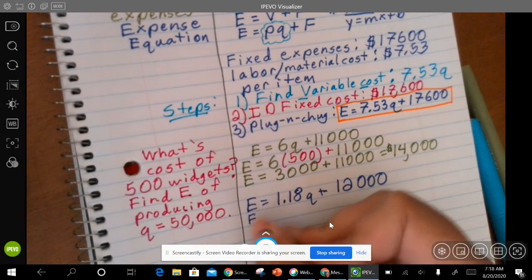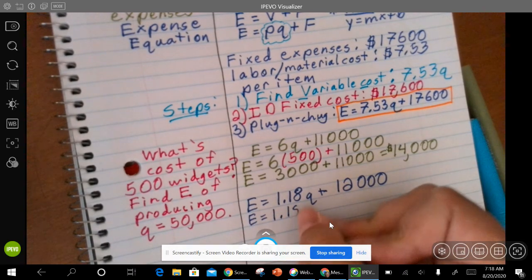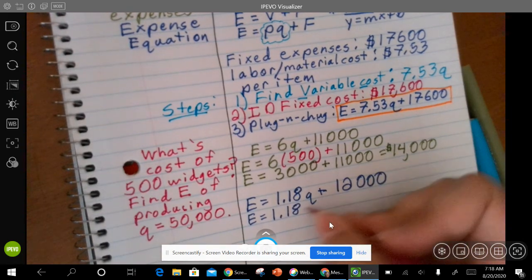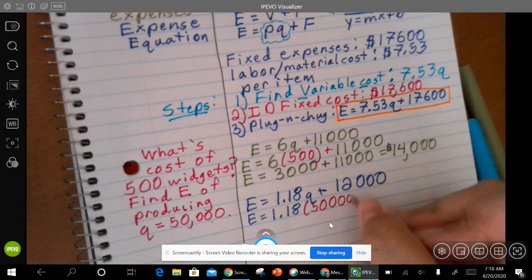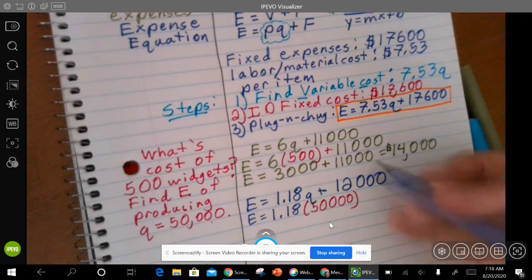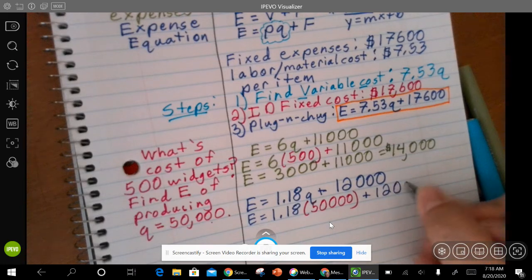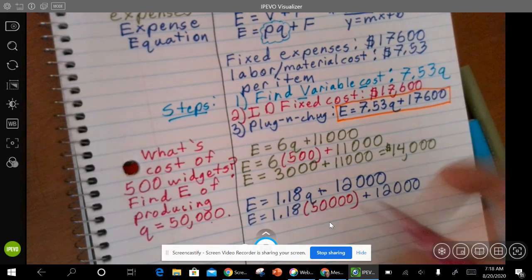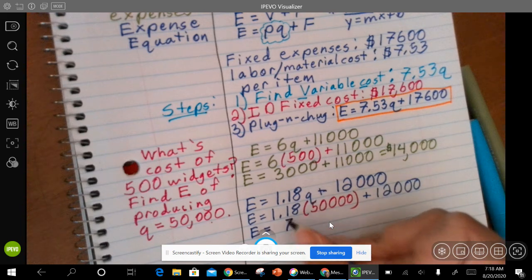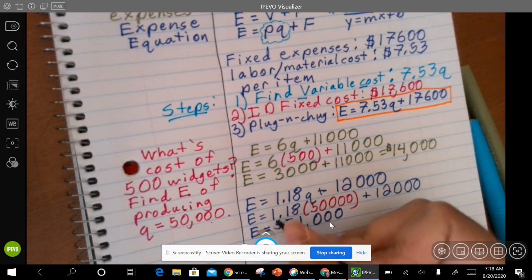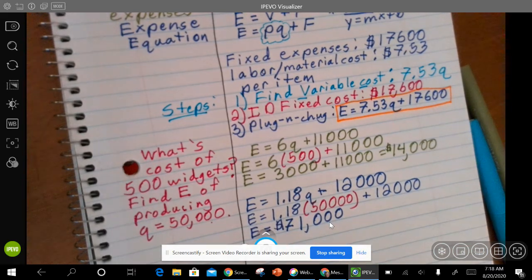E is equal to $1.18 times the 50,000 plus 12,000. So we get E is equal to 71,000. So everybody, that is our cost.